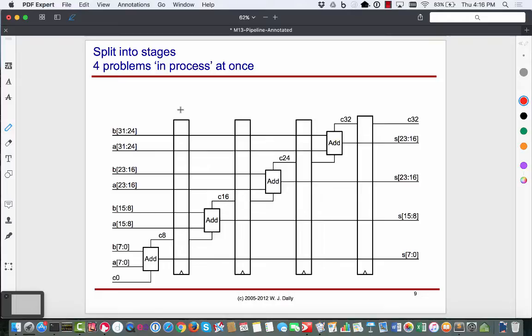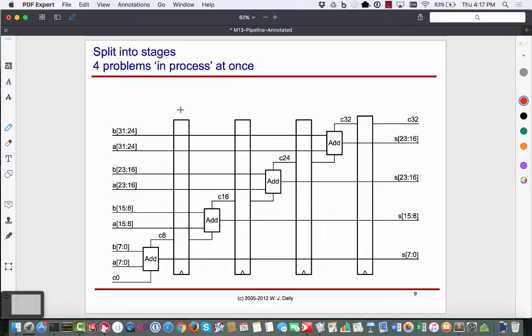Now, recall the registers really serve to delay the input by a clock tick. The input to the register moves to the output at the clock tick. We had seen that example in one of the lectures where I had a series of flip-flops, and the input was moving from one to the other at every clock tick.